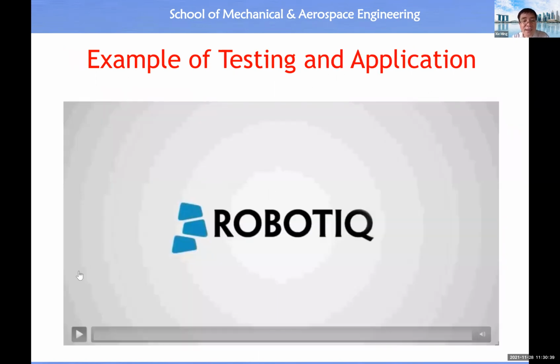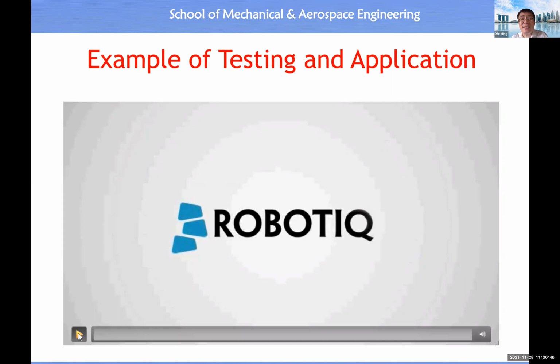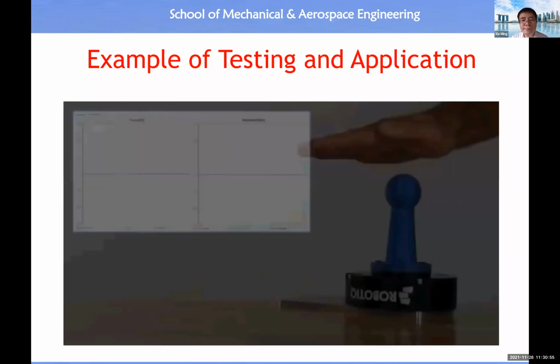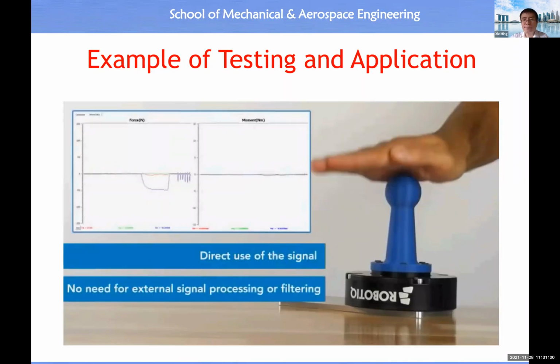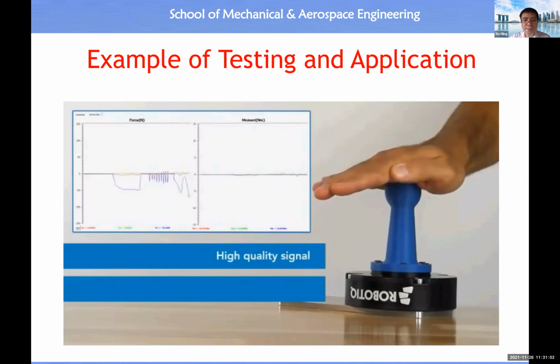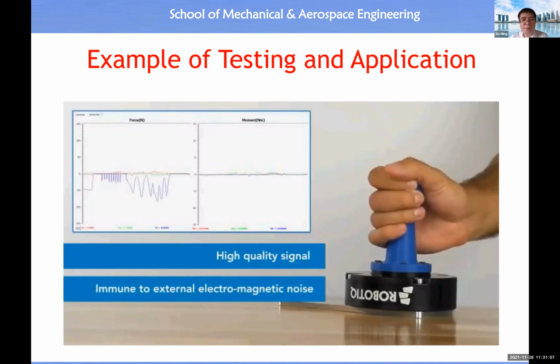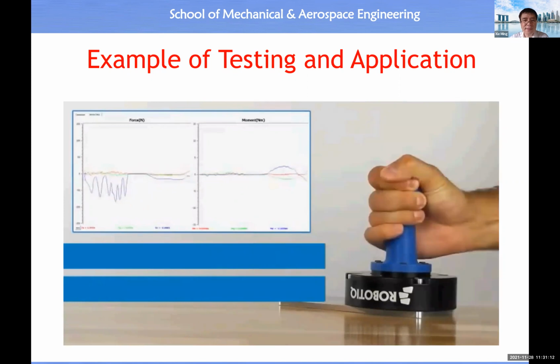All right, then this video shows you the application with the force torque sensor, for the scenario of doing testing, doing programming or whatever. You see, this is the testing result. So then this is the output, the torque about the y-axis.